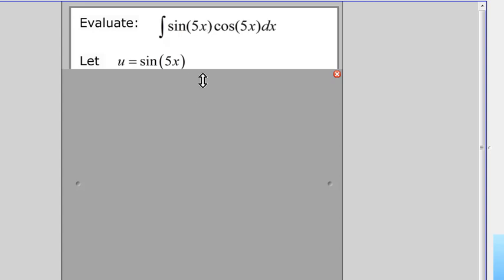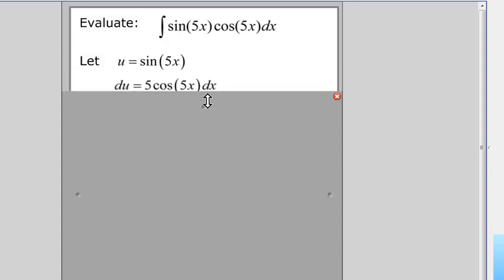You will see that for some integrals the choice is the same, but in others it could be easier one way or the other. We can develop this idea of how to decide just by practicing. So we choose u equals sine of 5x.